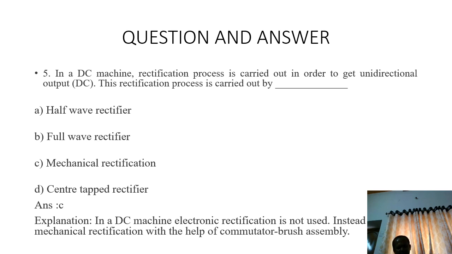Alternating currents are converted to unidirectional current for the external load. AC is converted into DC. The answer is mechanical rectification.